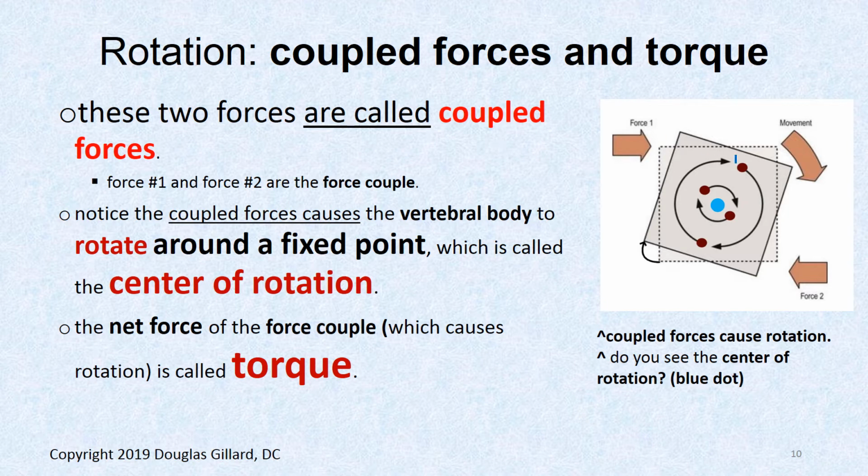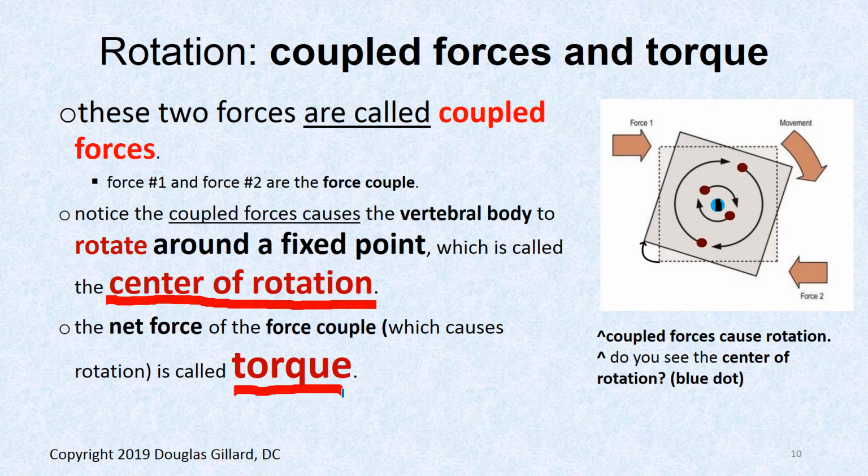There's also one point on the body, or maybe this is the humerus or a vertebral body, but there's one point that you can choose on the object that's rotating that will have 0 arc, or 0 movement. And that's called the center of rotation.